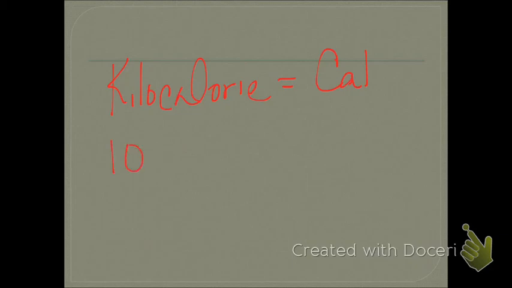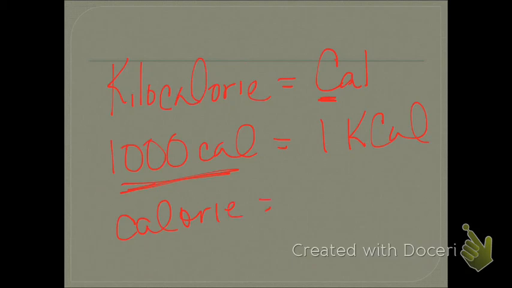Now remember, it takes 1,000 calories to equal 1 kilocalorie. When they realized that they were actually talking about 1,000 calories and not just 1 calorie like they were writing in the foods, instead of changing it to K, they decided to just capitalize the C so that we know the difference between calorie, which is just CAL, and kilocalorie, which is capital CAL.